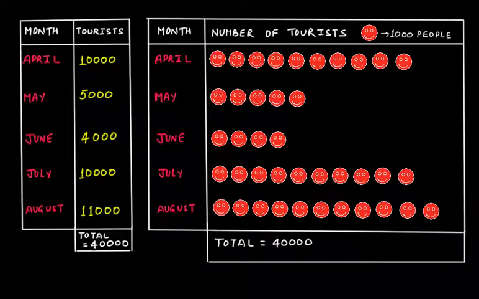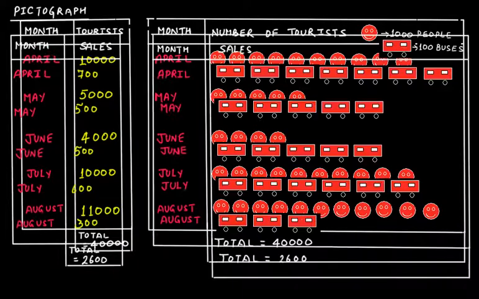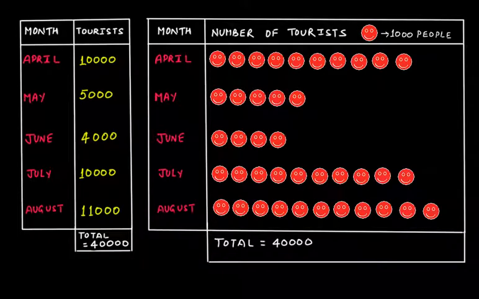So one picture that will be relevant in this condition will be this one. It's completely suitable for displaying the information, right? If I would use this image of a bus in this case, that's not relevant here. So it's important that whenever you are displaying information using a pictograph, the image that you use should be relevant for that particular information.